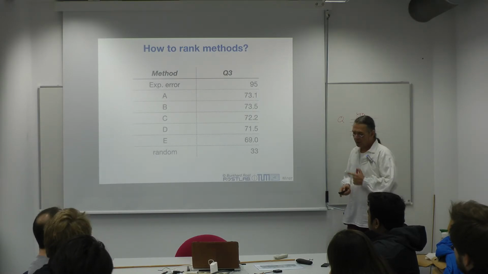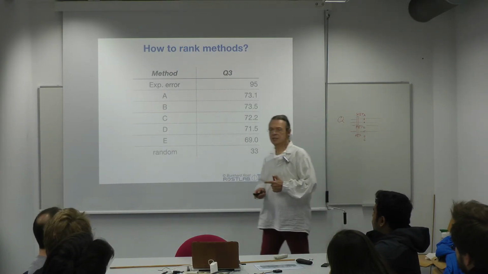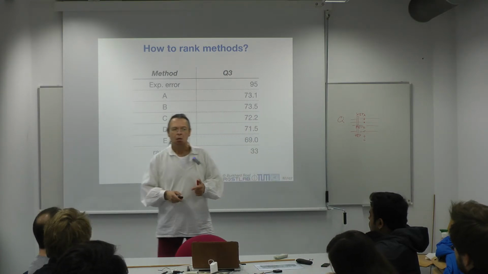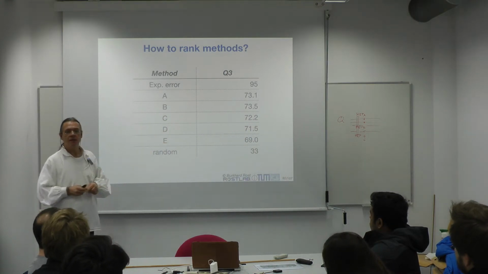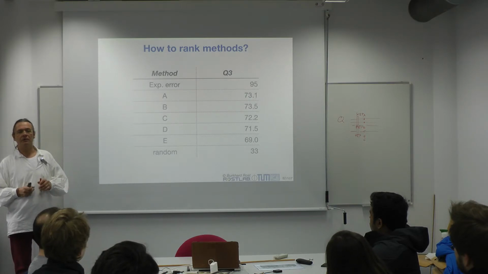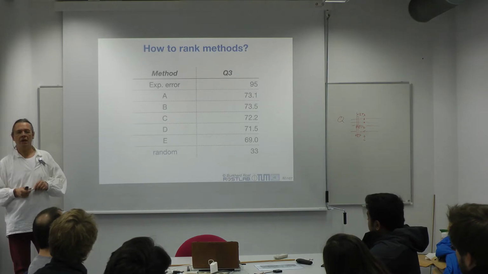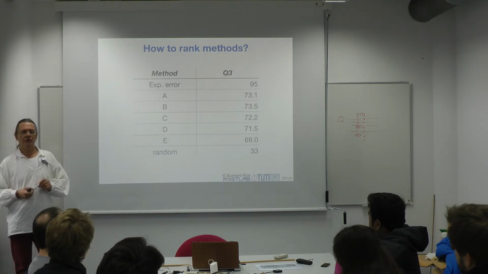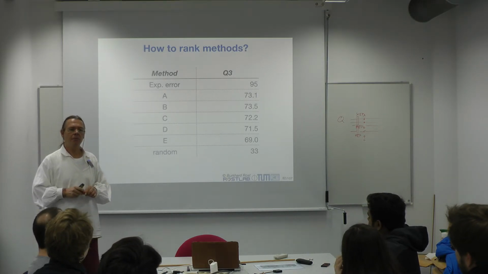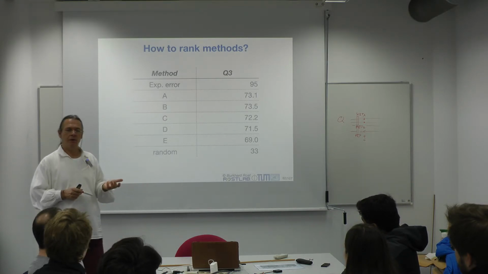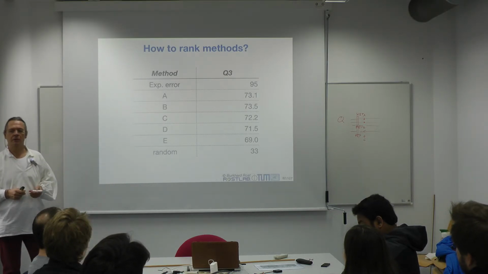Now, say in this particular case, the standard error would be 0.6 or 0.5, plus minus 0.5. How would you rank the methods? So if I asked you to name which method ranks first, can you name?